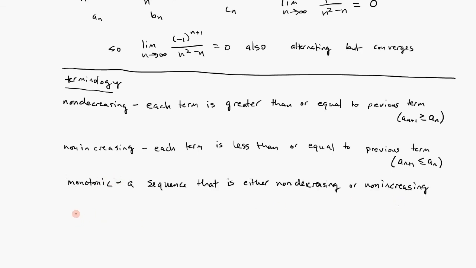And finally, the last term is a bounded sequence. So a bounded sequence is one where if you take the absolute value of the sequence, it is less than or equal to some fixed number M, and this is true for all the terms.